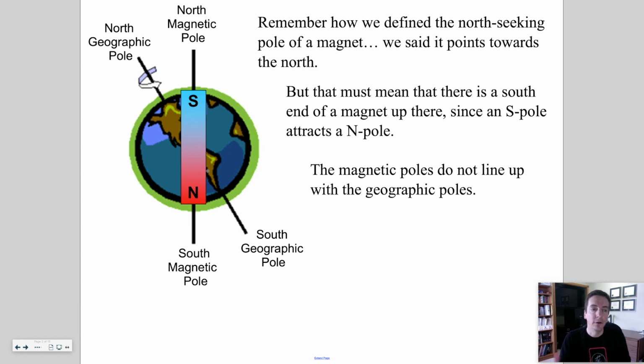Notice that the geographic poles don't line up with the magnetic poles. Have you ever seen a physical globe in a classroom or in movies, where it doesn't spin around on a horizontal axis, it's slightly tilted? That's to represent the tilt of Earth's axis relative to the magnetic field. They aren't the same.